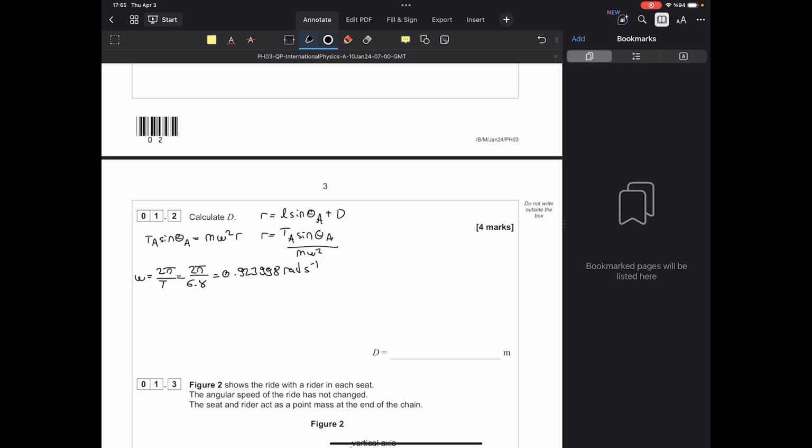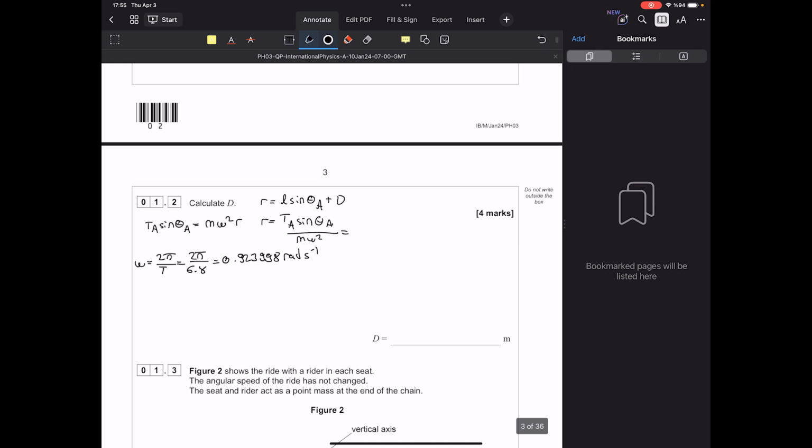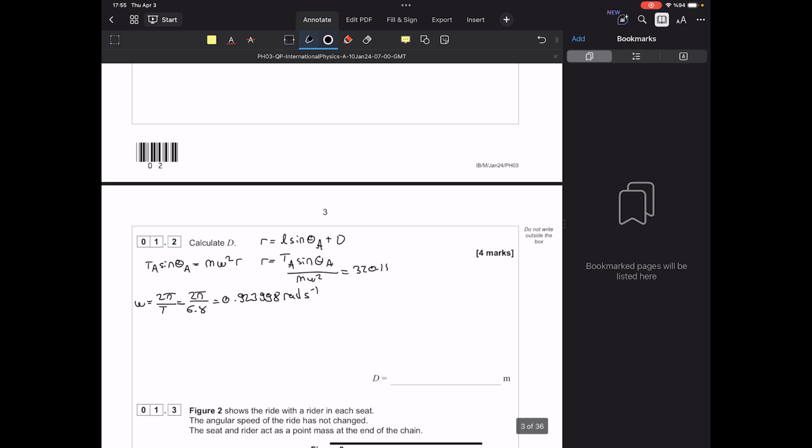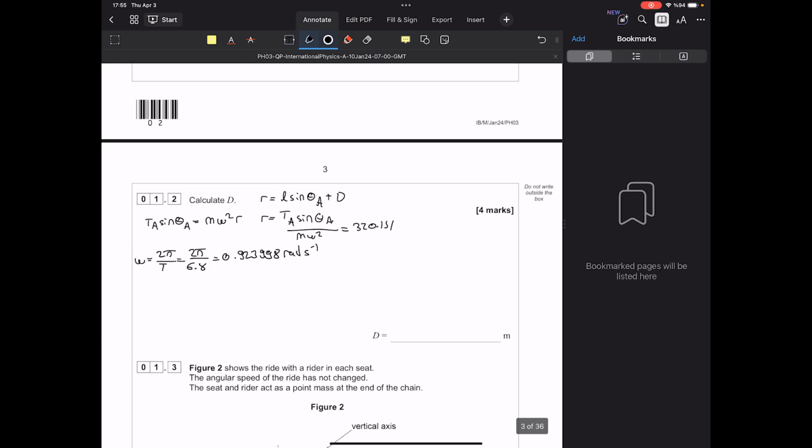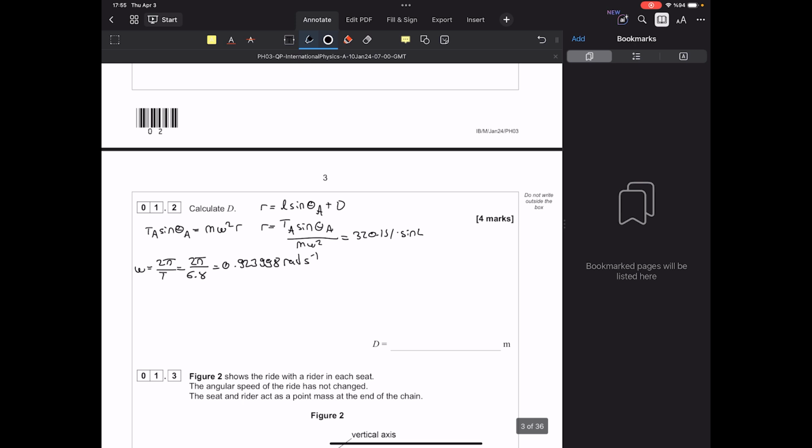We can plug everything into this formula right here. It's going to give us 320.151 newtons times the sine of 40 degrees divided by 25 times 0.923998 squared. Let me get the previous answer.